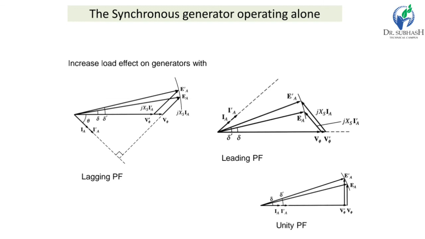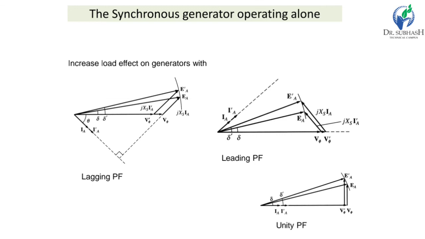The voltage regulation of the synchronous generator: we can very easily compare the voltage performance of two generators by their voltage regulation. The formula of the voltage regulation is VR equals Vnl minus Vfl upon Vfl into 100.